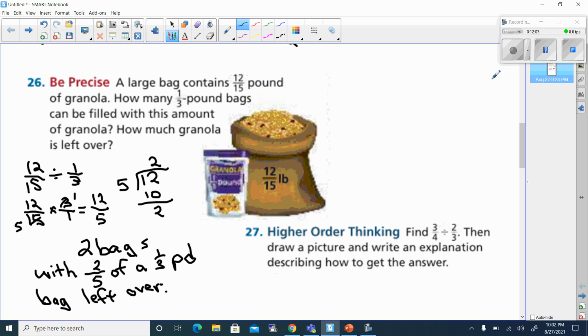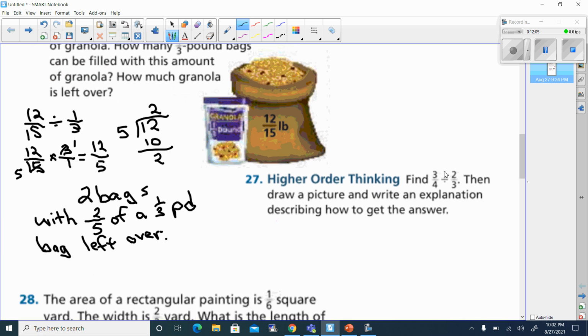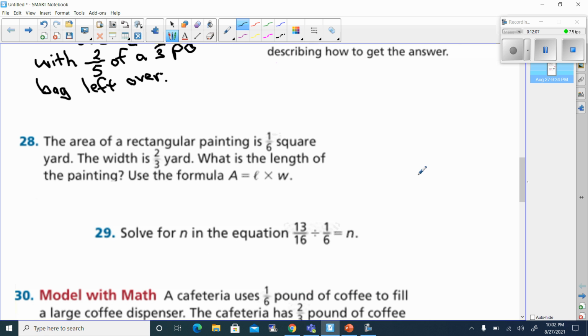All right, number 27 was yours to do. Number 28, the area of a rectangular painting is 1/6 square yard. The width is 2/3 yard. What is the length of the painting? All right, so the area of a rectangular painting, okay, and we're talking about the entire area here.